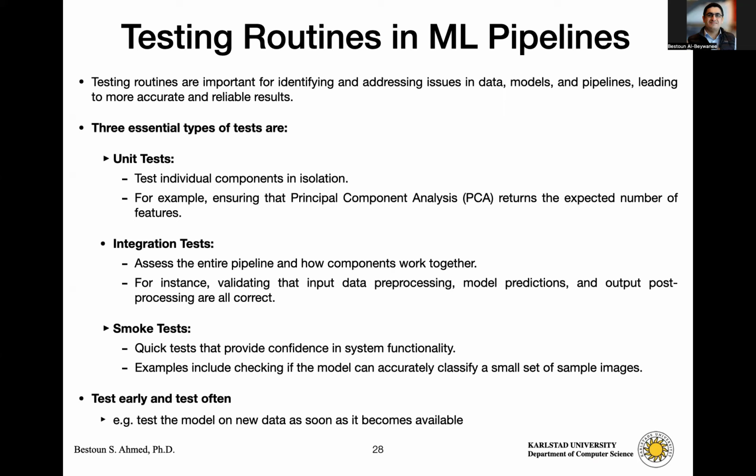When every component is working, then you integrate the components together inside the machine learning program, and you create the pipeline, and then you make sure that all the components together work correctly. And when you have everything in place and everything is working, then you have the smoke test, which is a quick test of the system. We will come back to this smoke test later.